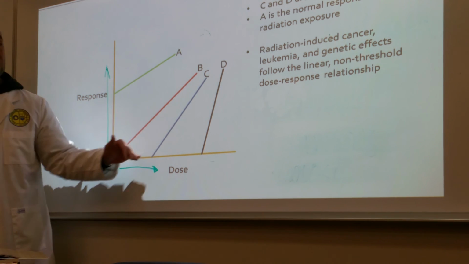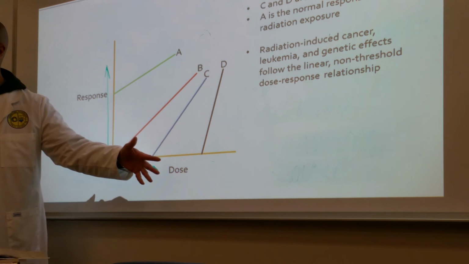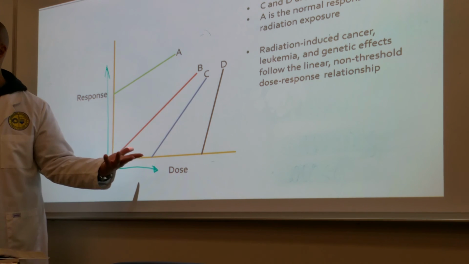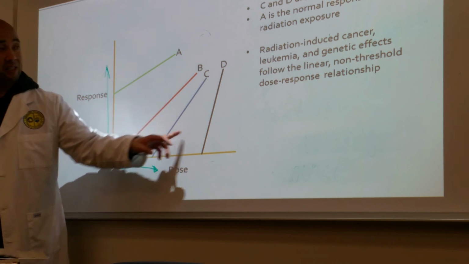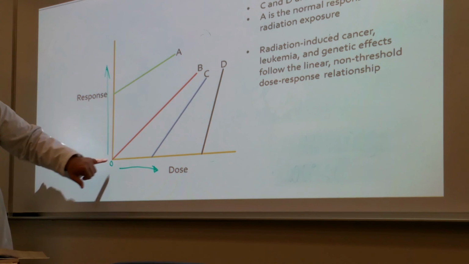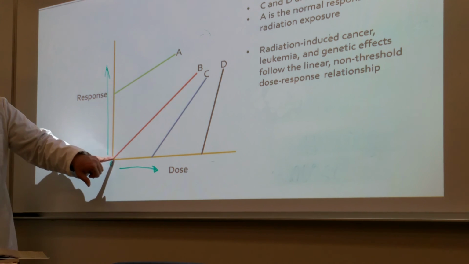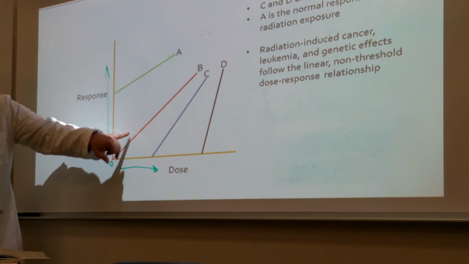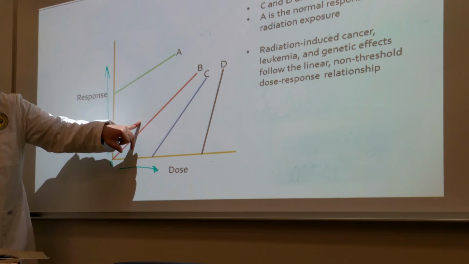These are just graphs that demonstrate the different types of studies that they do based on tissue and based on cells. Because when you're looking at C and D, we know that, for example, erythroblasts, red blood forming cells, they're going to be sensitive at very low doses. Stem cells, immature cells.